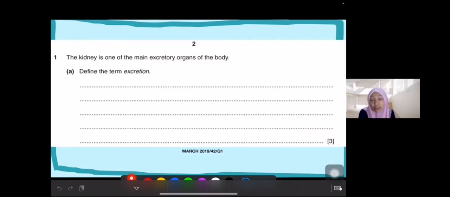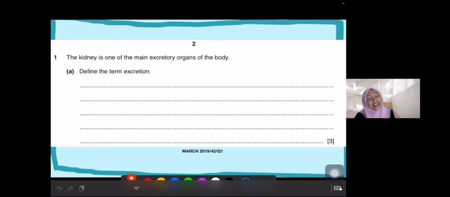This is an example macam mana question akan tanya you to define. Okay, the kidney is one of the main excretory organ of the body. Define the term excretion. Subhanallah, saya buat 3 kali lah teacher nota ni dekat dalam paper 2, question number 1 tadi. Dah boleh tulis lah kan?